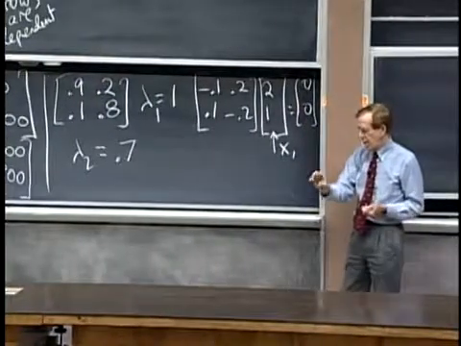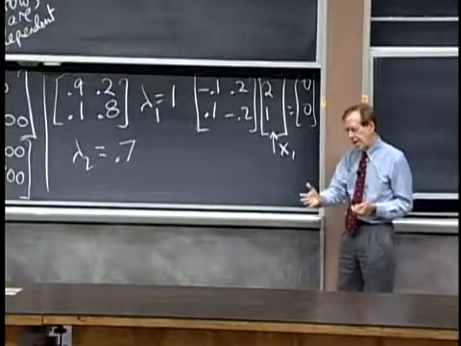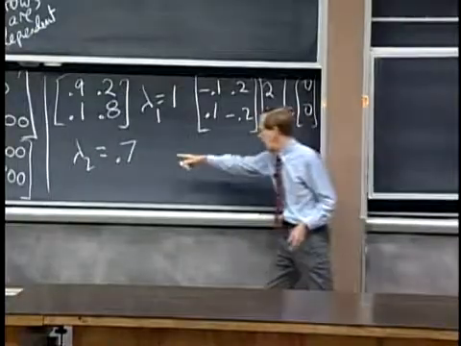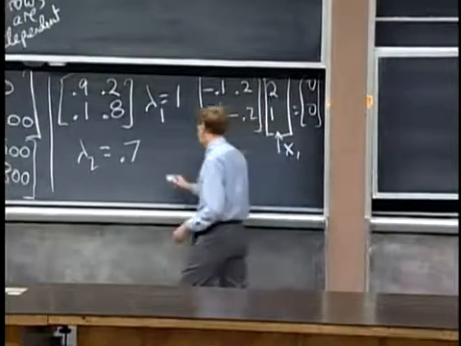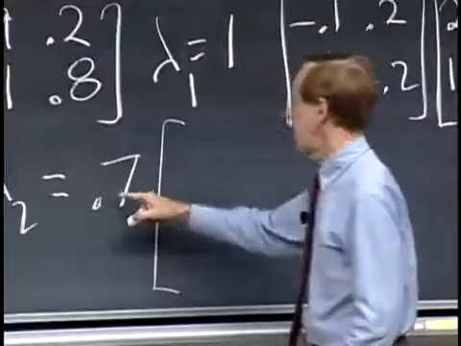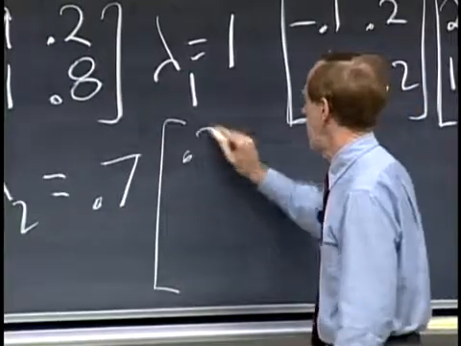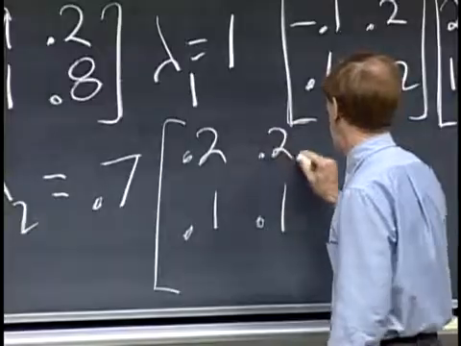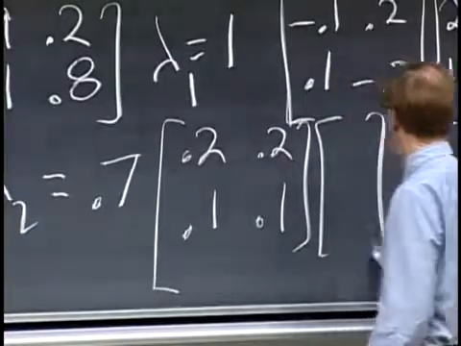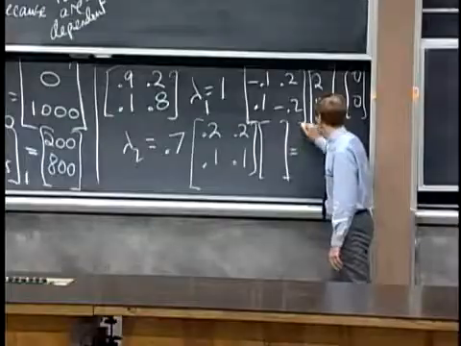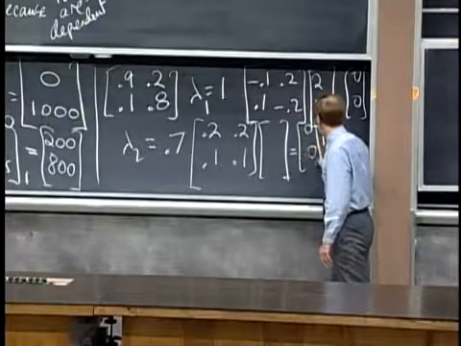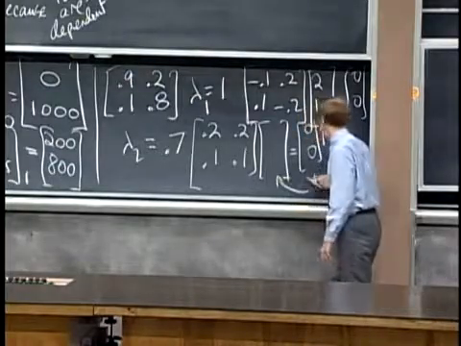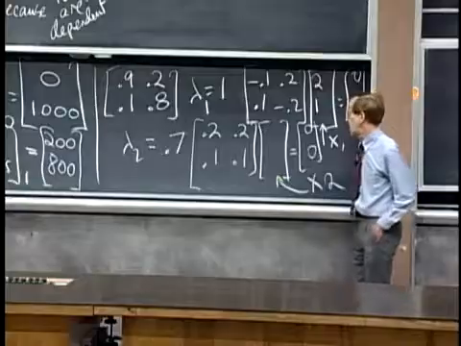But if I want to know what's happened after just a finite number like 100 steps, I better find this other eigenvector. So I'll subtract 0.7 from the diagonal, and I'll look at the null space of that one. This is going to give me x2 now, and what is it? What's in the null space?